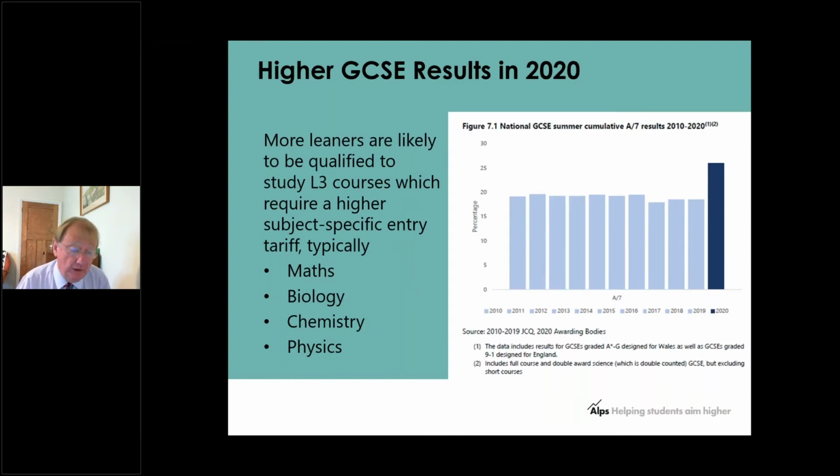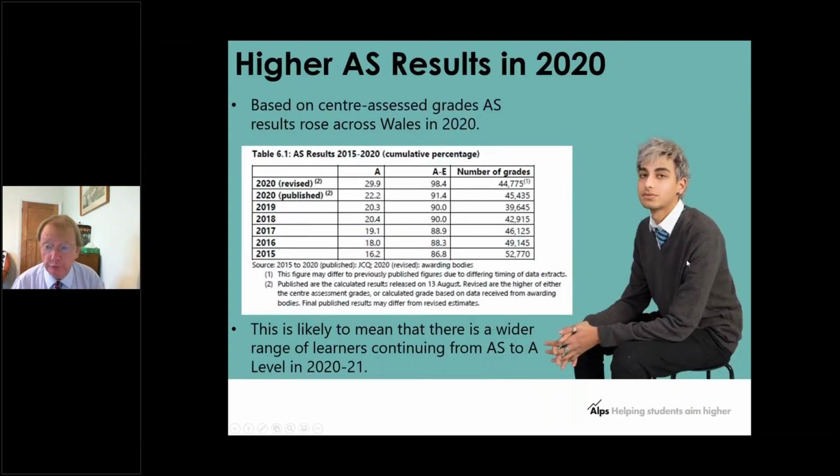And I've listed maths and the 3 sciences because in many schools, they would be the most typical subjects to perhaps have a significantly higher entry requirement to study. So they may too be thinking, A, we've got more and perhaps a wider range of learners than we have had in the past.